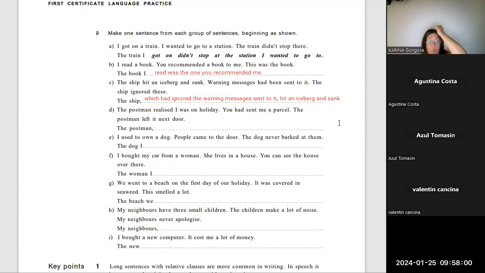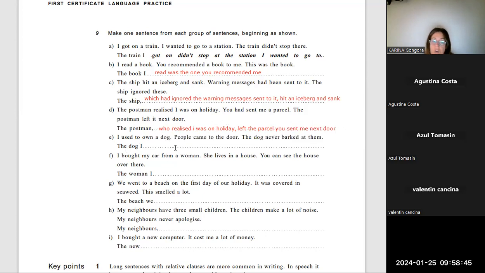The postman who realized I was on holiday, comma, and left the parcel you sent me next door. Yes? Yes, it's the same. Very good.